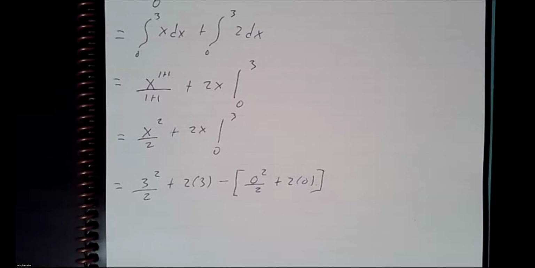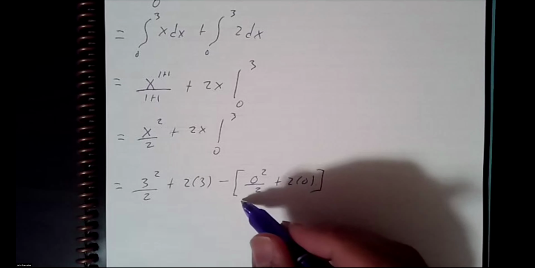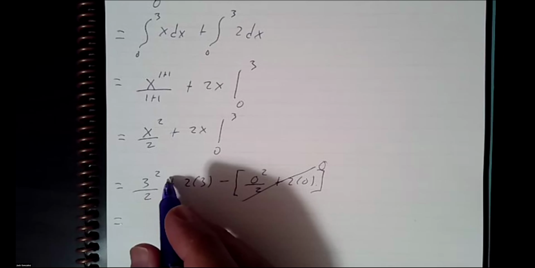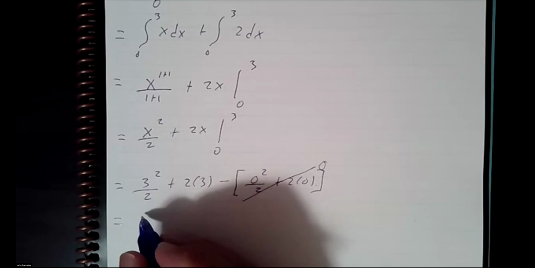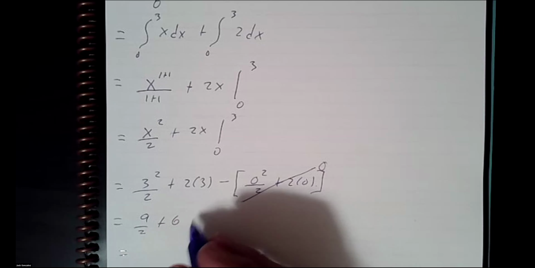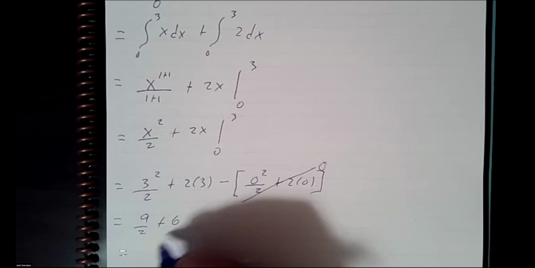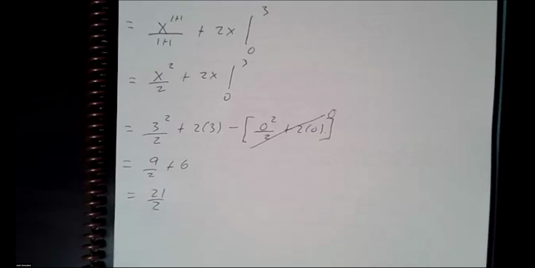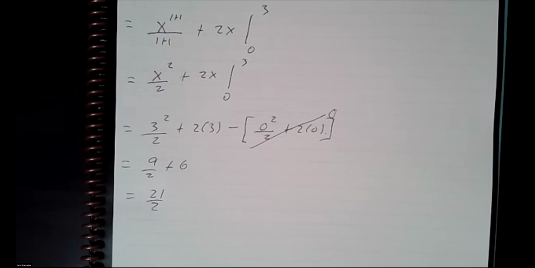But this time, again, they're going to go to 0. So just add these. That'll be what? 9 halves plus 6. You need 21, right? 21 halves.